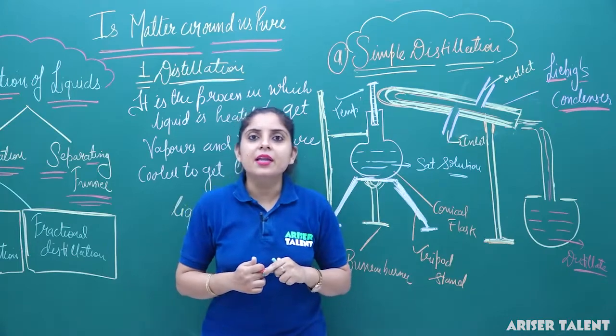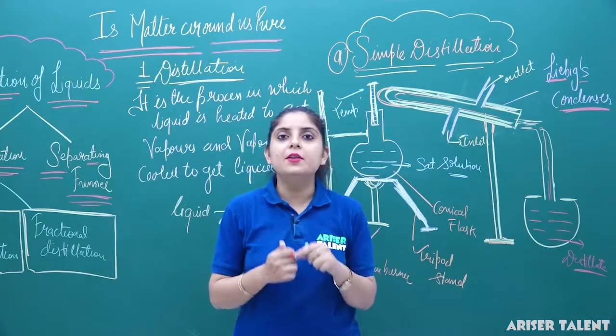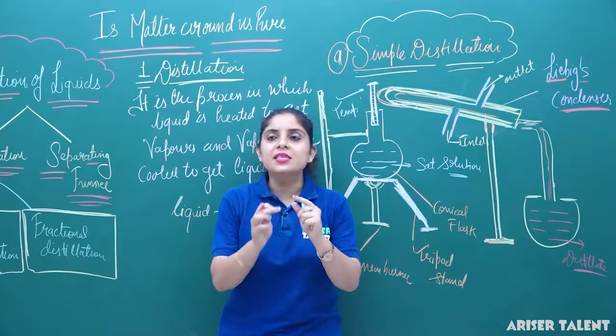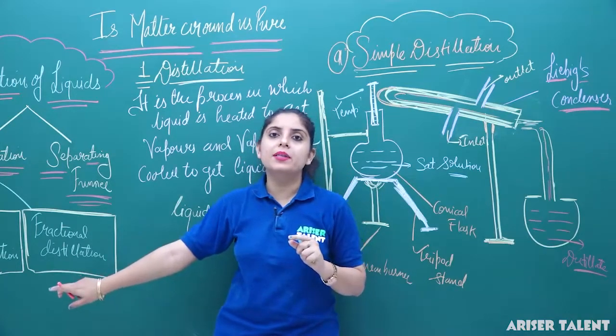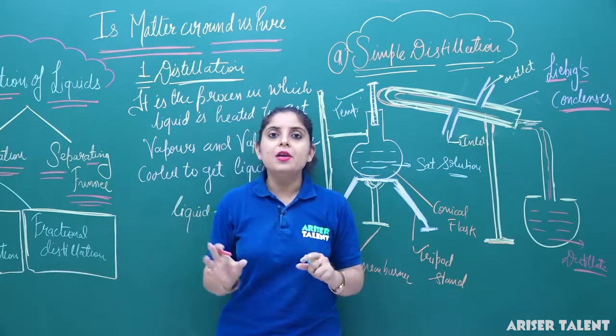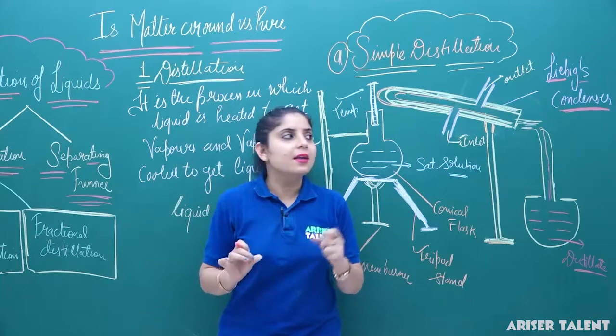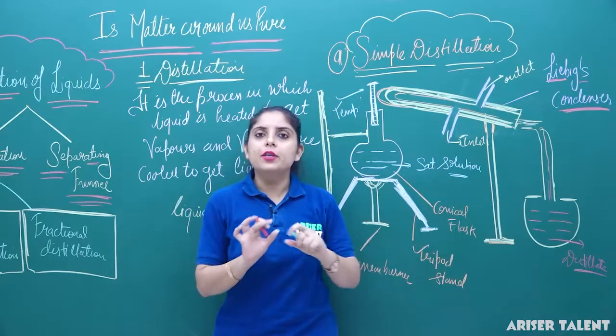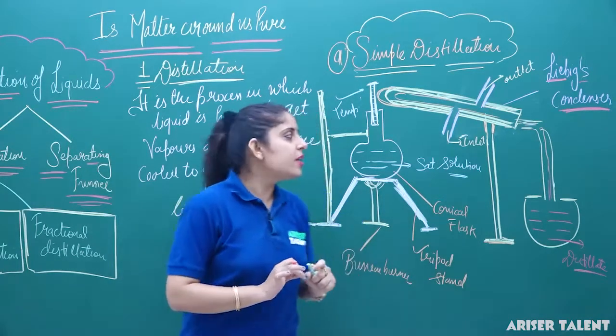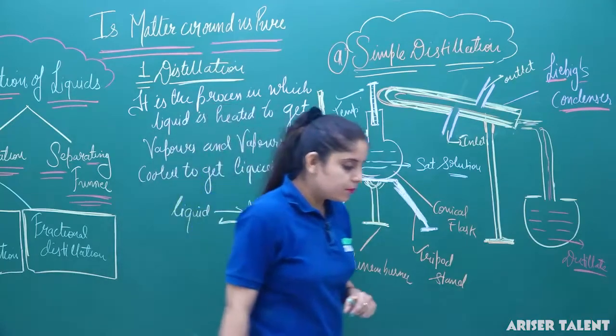If I consider ethyl alcohol and water, there is a difference in their boiling points, and they will be separated only by performing fractional distillation. But for simply sorting the two components here, you can use simple distillation here. So just copy this part from here.